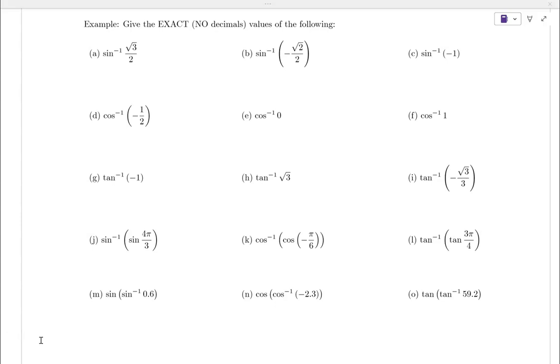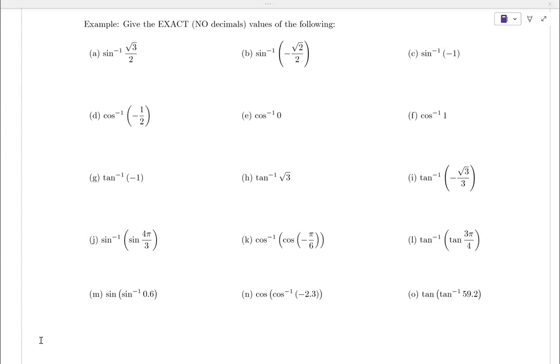The big thing to remember is that when you're asked to find the inverse trig function of a number, you're trying to find the angle that has that value as its sine or cosine or tangent, keeping in mind that you have to make sure it's in the correct restriction.